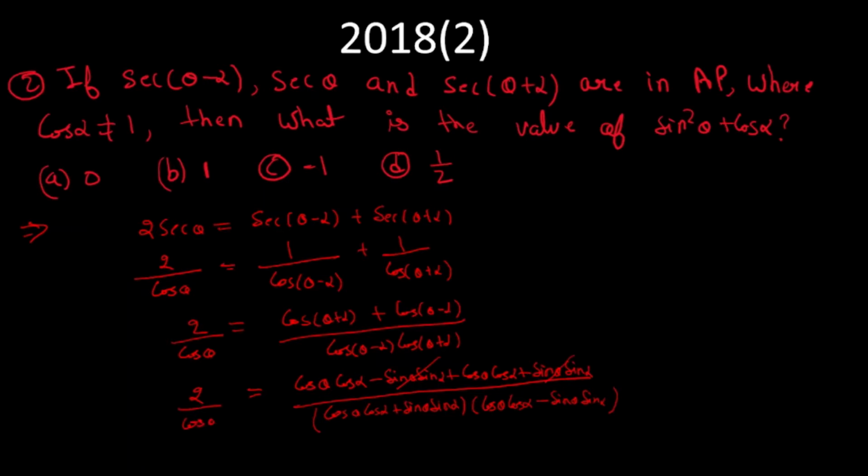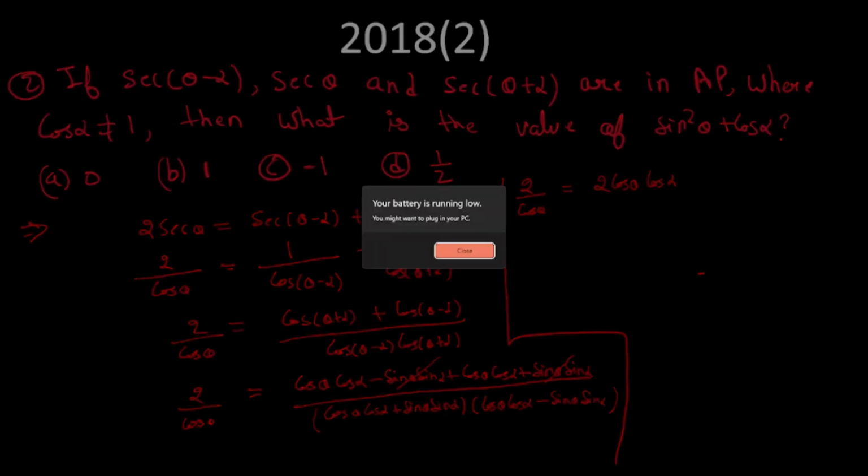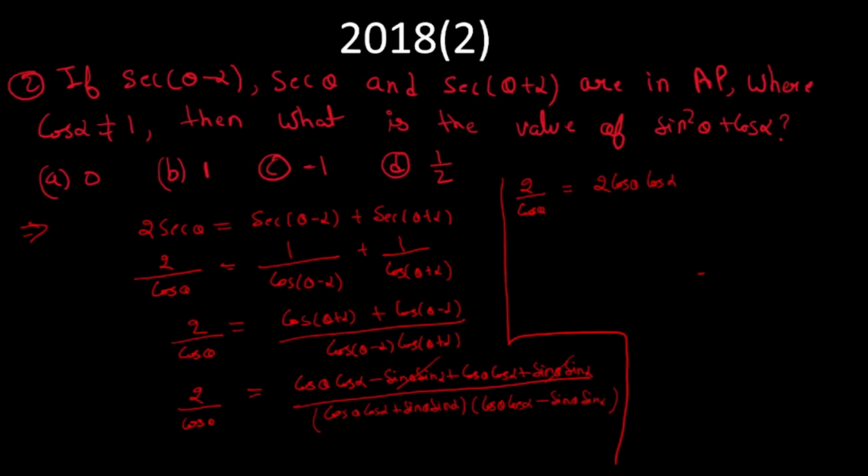Okay, so I will write here next. We got 2 cos theta, and here we get 2 cos theta cos alpha upon cos square theta cos square alpha minus sin square theta sin square alpha. So this and this cancel, then I cross multiply.